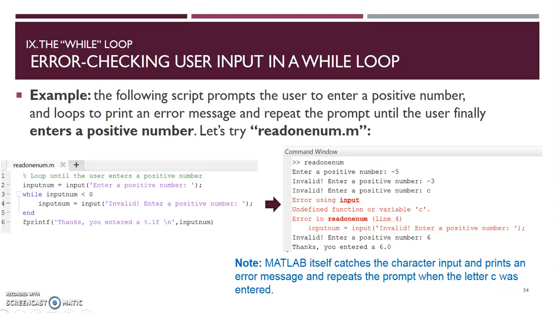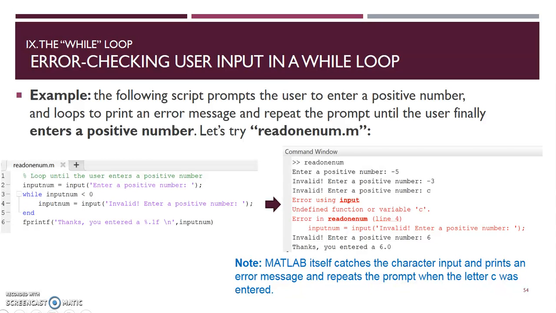So, I have implemented a script called read1num here. It starts by asking the user to provide a positive number. If the user provides a negative number, then an error message is shown and the user is asked to provide a positive number.